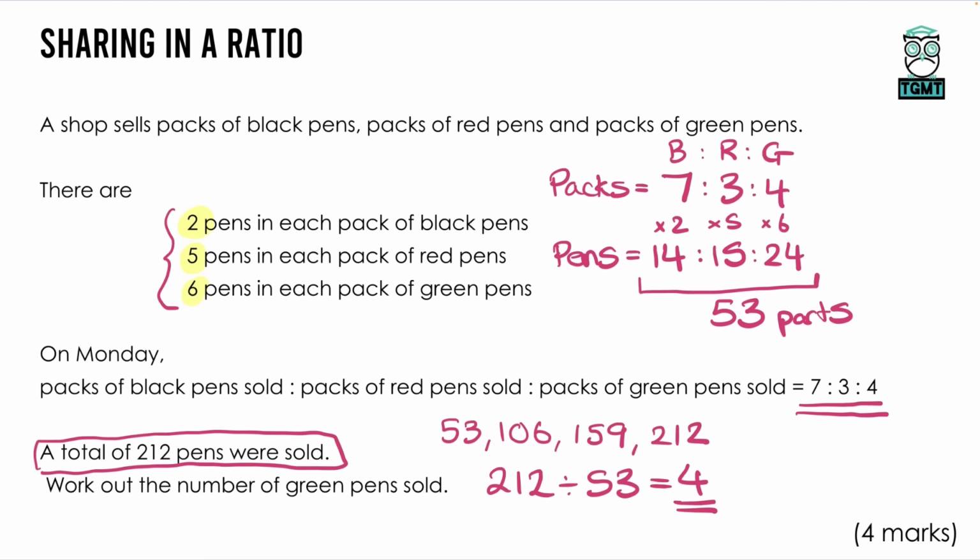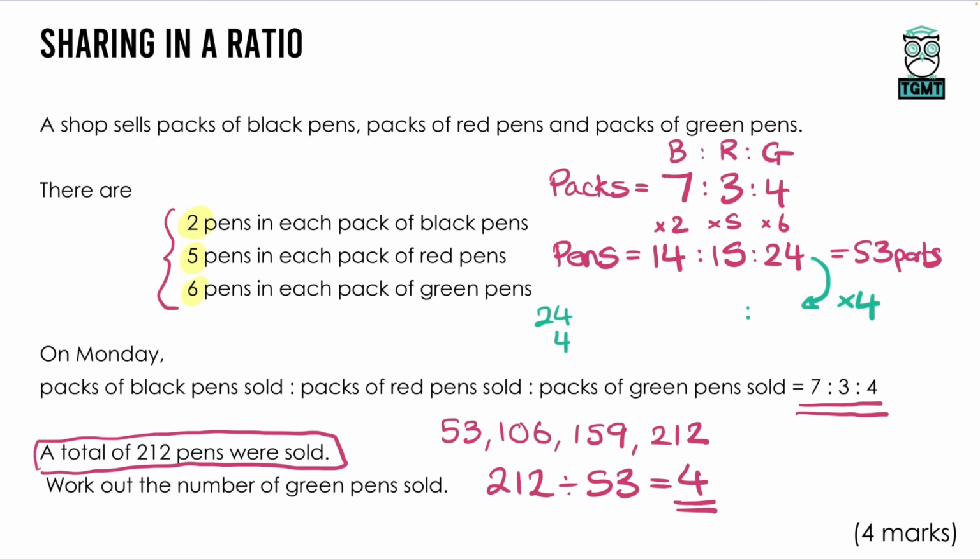Now we want to know how many green pens there are. So let's just write this 53 parts to the side because I can manipulate now this ratio, and this is the part now where we will times everything by the same number. Now of course it only wants the green pens, so I do only actually have to times the 24. So I'm going to times that by 4, and 24 times 4, I probably just want to work that out to the side.